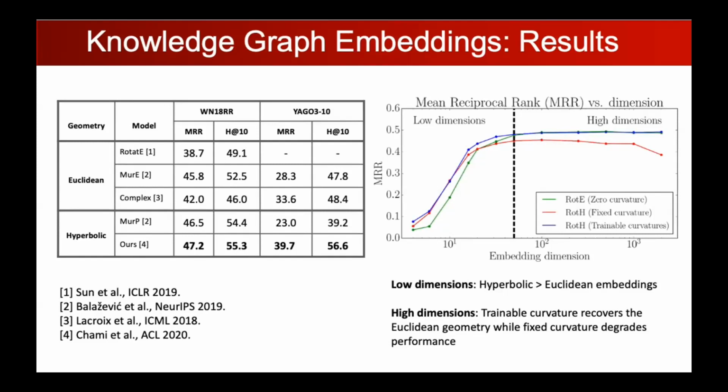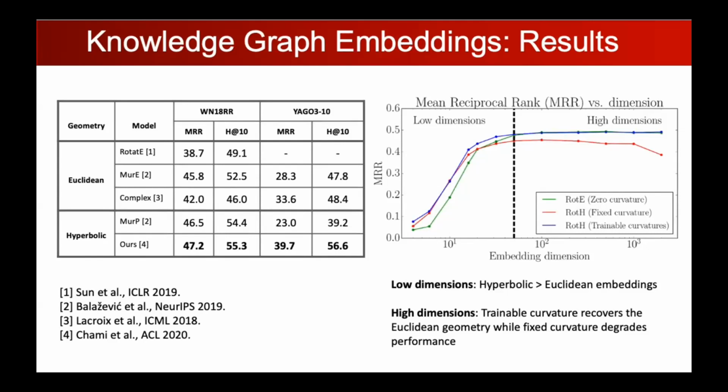And so in low dimension, we see that hyperbolic embeddings lead to significant improvements over the Euclidean embeddings. So these are the red and blue curves. And in high dimension, we see that the hyperbolic with trainable curvature and the Euclidean have better performance than the hyperbolic with a fixed curvature.